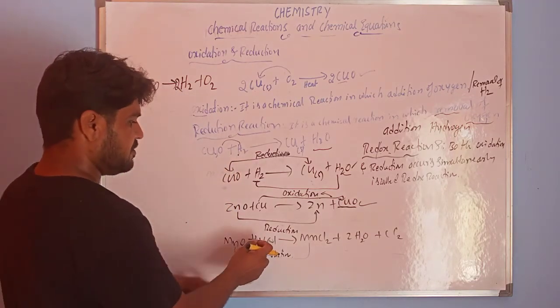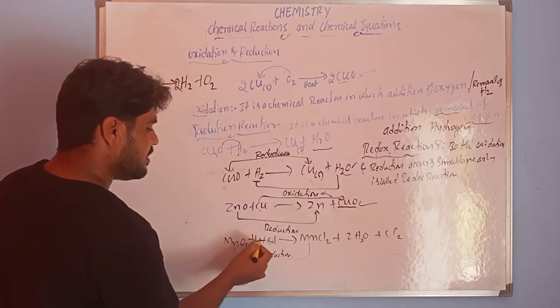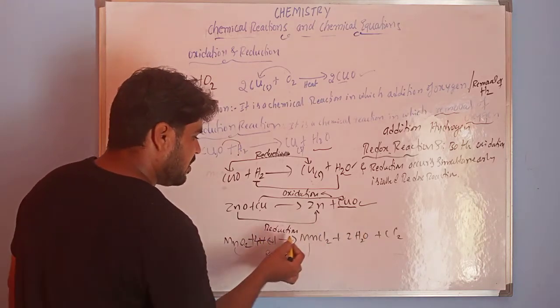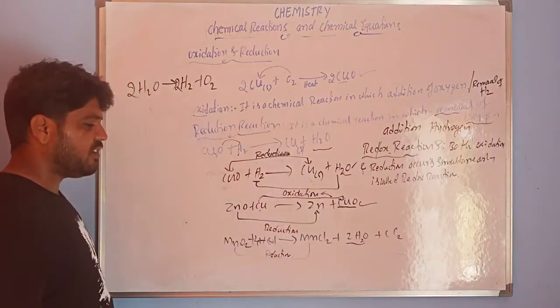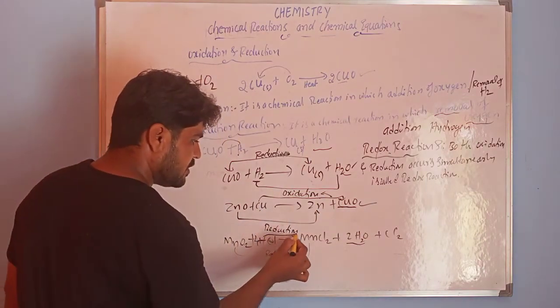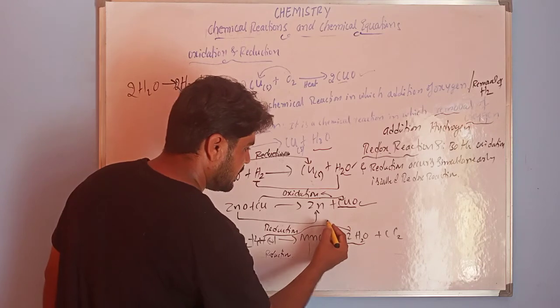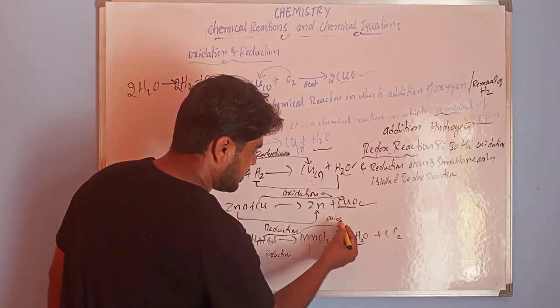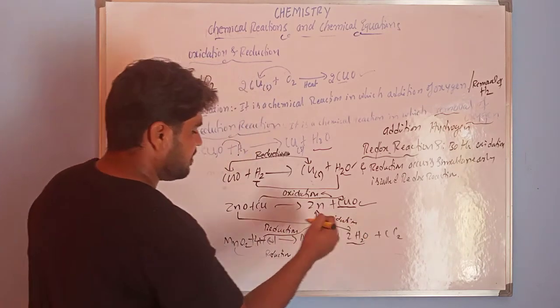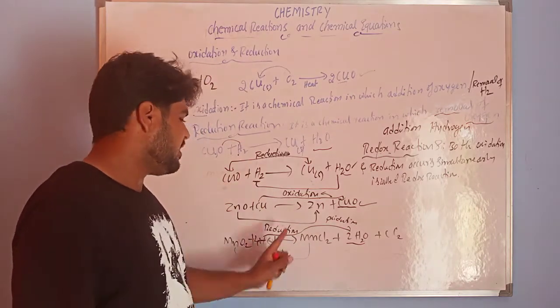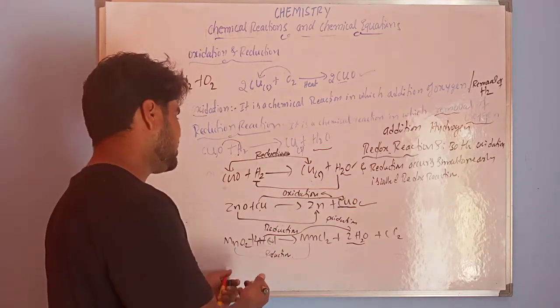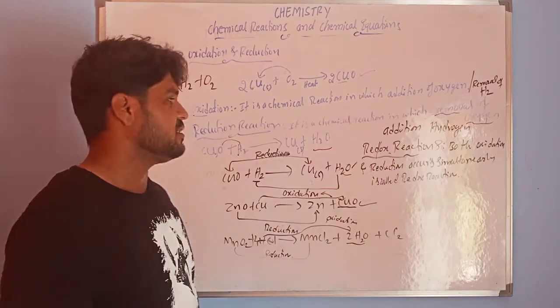For the hydrogen in HCl, oxygen is added, so that's why water is formed. This process we call oxidation. Addition of oxygen is oxidation, removal of oxygen is reduction. This is one more example of redox reactions.